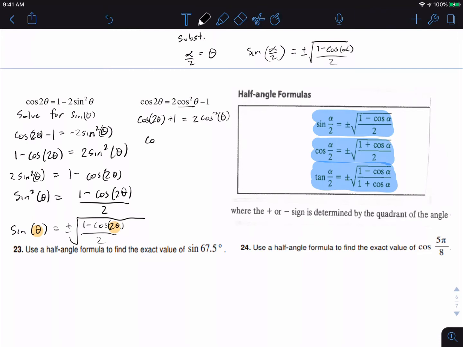Then I'm going to divide the whole thing by 2. So I get cosine squared of theta, and then square rooting both sides, I'm going to switch it over so it looks like the formula for you.